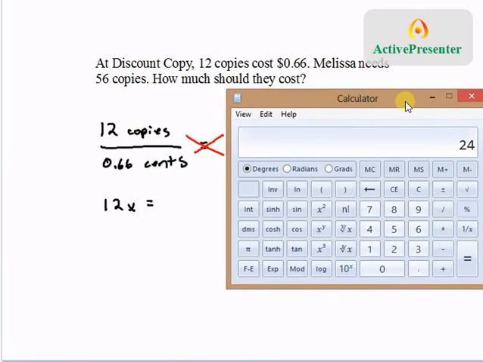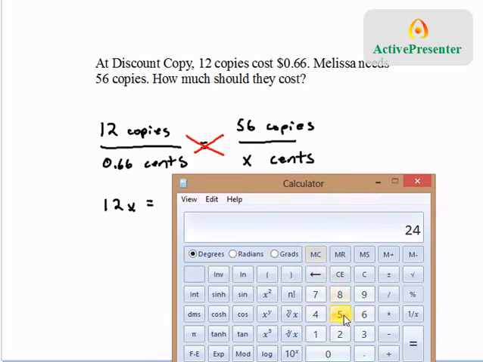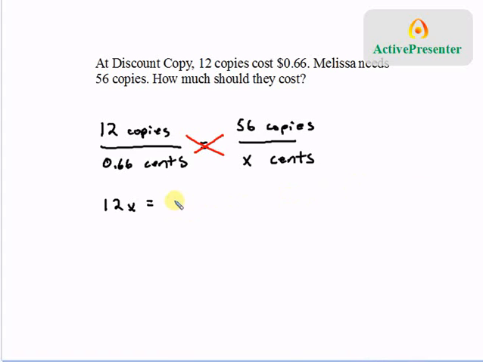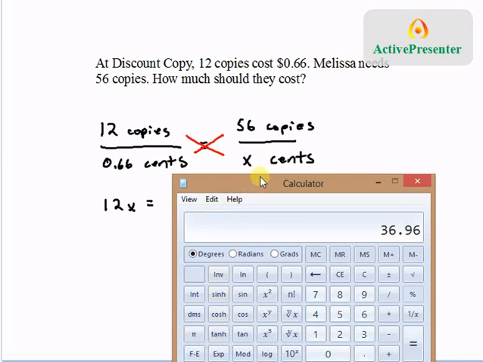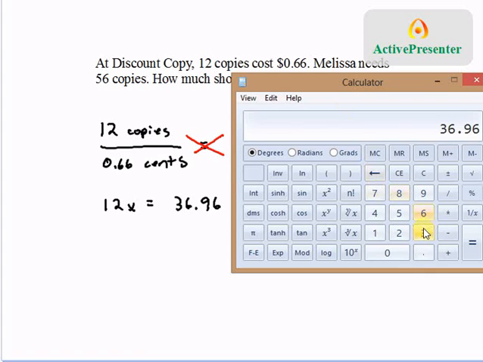We really need a calculator this time. 56 times 0.66 is equal to 36.96. So $36.96. That tells us how much all of them would cost. 12 times the number of cents is 36.96, so we want to find out what 36.96 divided by 12 is.